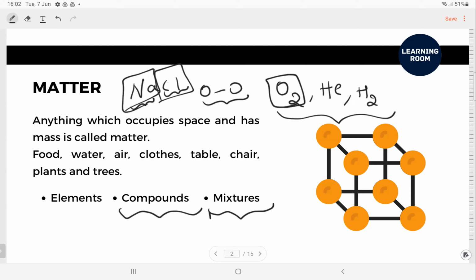Take a sugar solution. In a beaker, when water is there and you add sugar, what happens? Completely dissolved. Correct. So in the water, what happens? The particle space will be there. In the particle space, the sugar particles get filled.